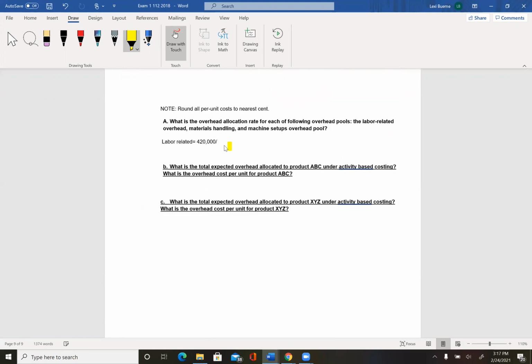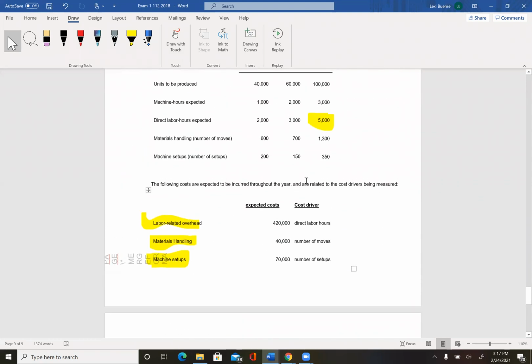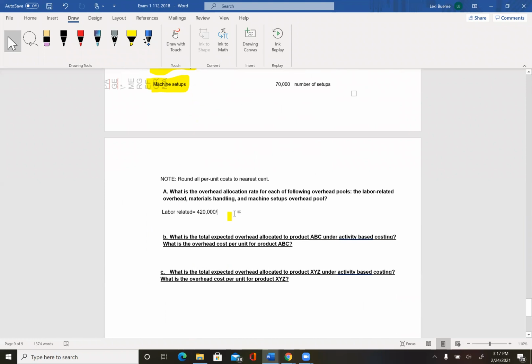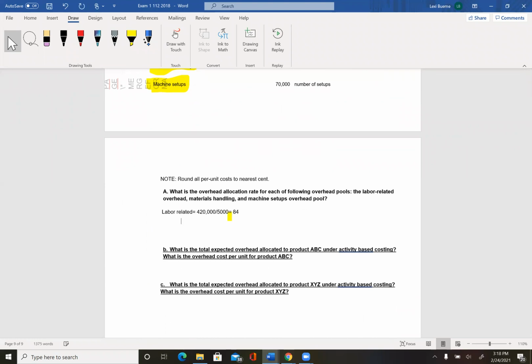Since you're finding it for the total of them, you're not splitting it up between ABC and XYZ yet, so that's why you're using the 5,000 and not these. So you're going to be 420 divided by 5,000. That gives you 84.